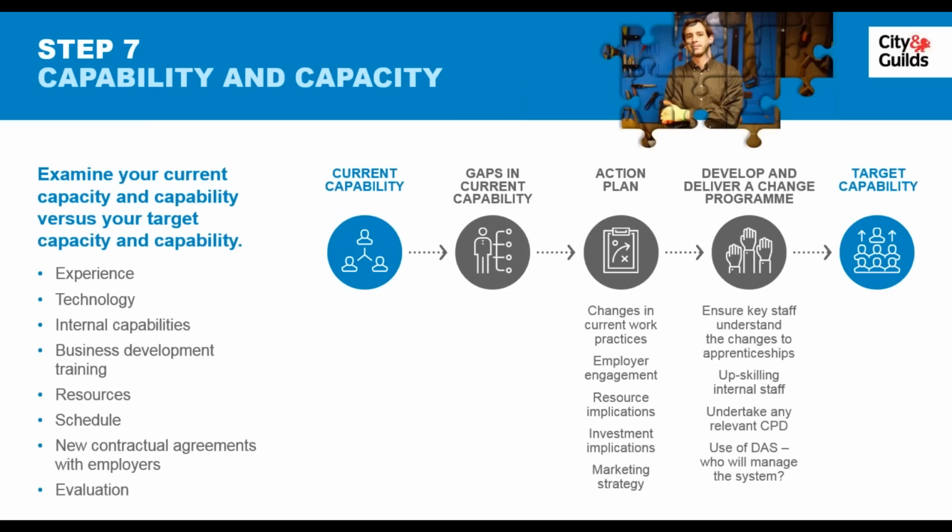So we move to step 7, which is all about capacity and capability. Obviously, you may need to think about, do you need to reorganise your workforce to really step up to some of these challenges? Have you got the right experience within your college provider base?